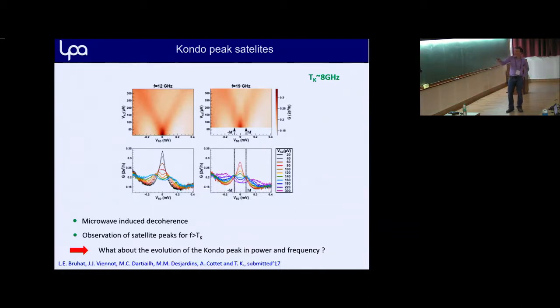So here there are two examples. What happens? You recognize here that's a Kondo peak. The highest Kondo peak is at essentially a very weak microwave drive, and you see that when you have a frequency which is low, comparable to the Kondo temperature, which is about 8 gigahertz.